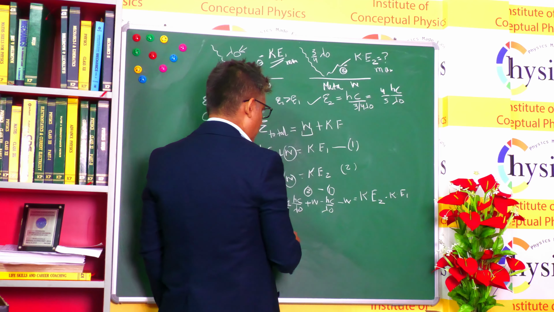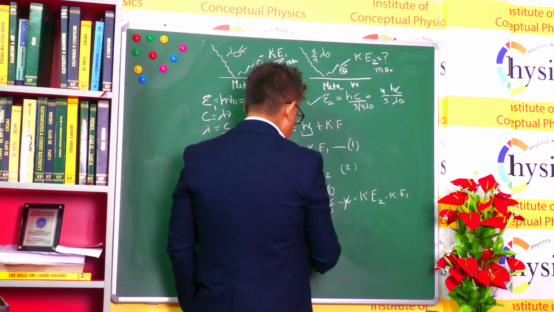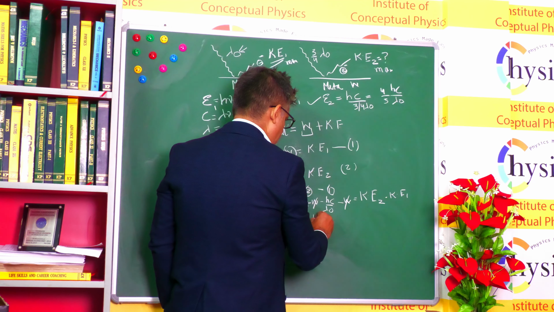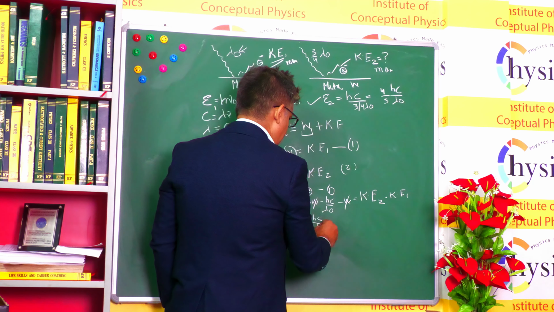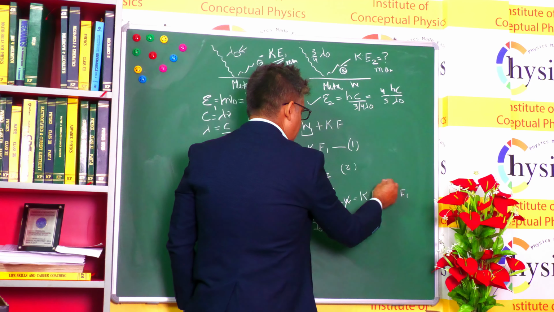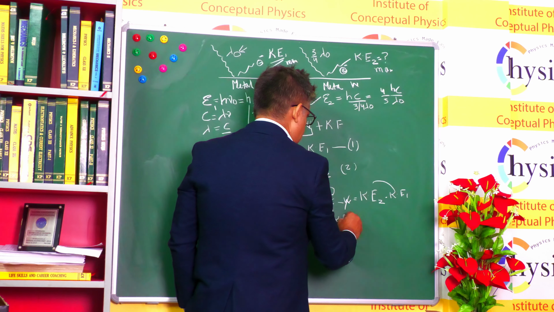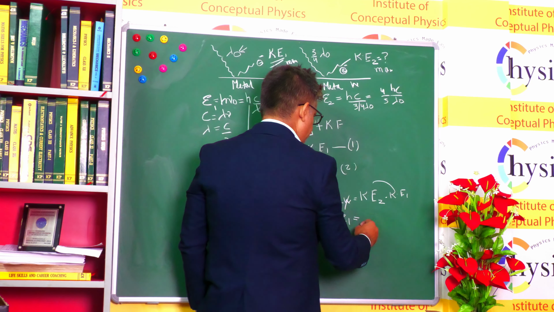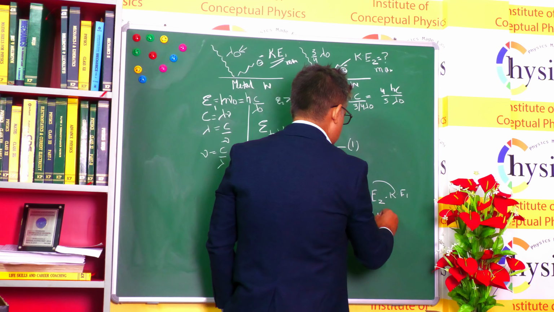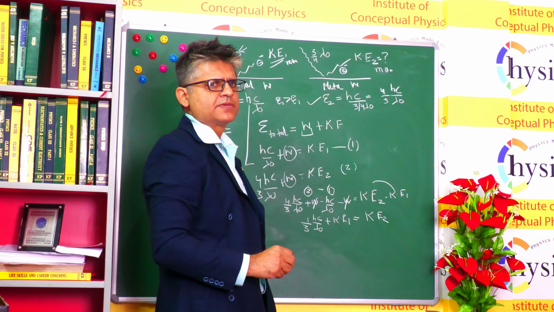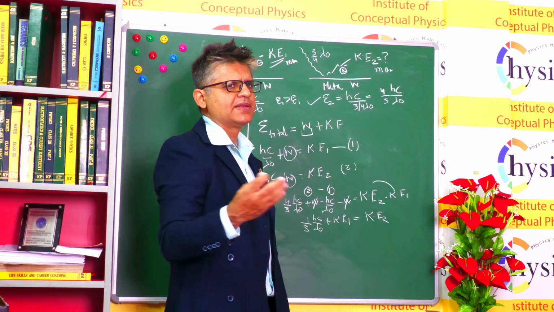So my work function gets cancelled, and what I get here is 1/3 hc by lambda naught, and I take this KE1 on the other side, plus KE1 is equal to KE2.